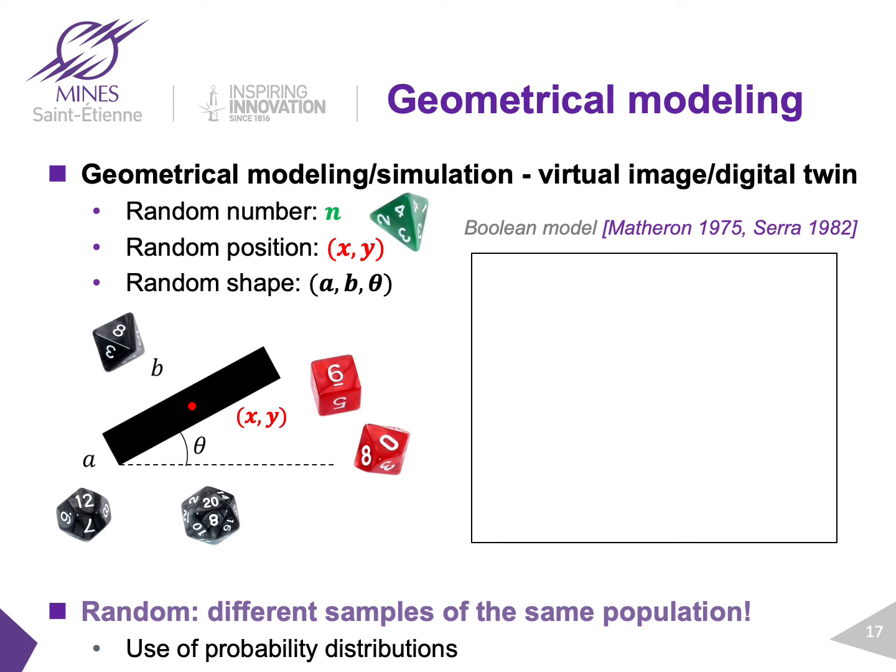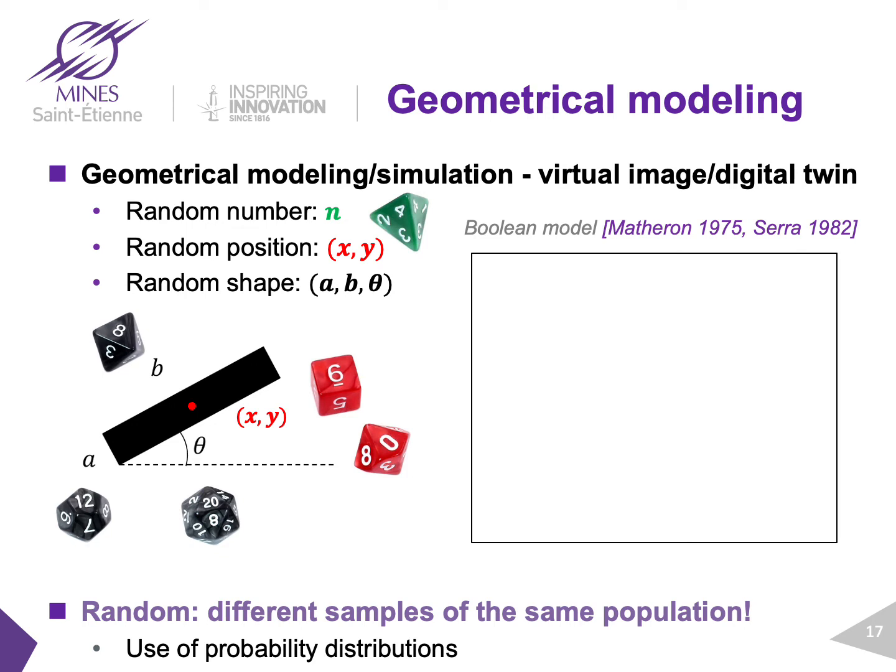Also, if you have your sensor fixed in your reactor, at a specific time you can see different crystals, but if you look just 2 or 3 milliseconds after, we can consider that you have the same population, but for sure not exactly the same crystals. So it's the reason why we would like to have some random values to be able to simulate different samples of the same population.